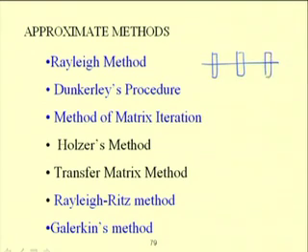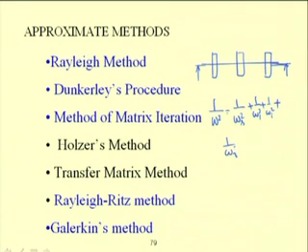In the Dunkerley procedure, let this be a shaft with multiple masses. Let 3 masses be there and let it be simply supported. Without mass, if one knows the natural frequency of the system, let it be omega s, then the natural frequency of the system, 1 by omega square, will be equal to 1 by omega s square plus 1 by omega 1 square plus 1 by omega 2 square plus 1 by omega 3 square, and if there are n masses, then it will go up to that.